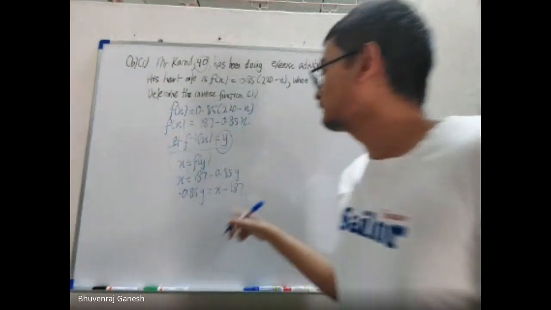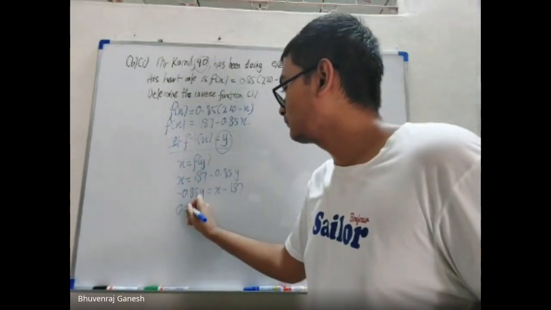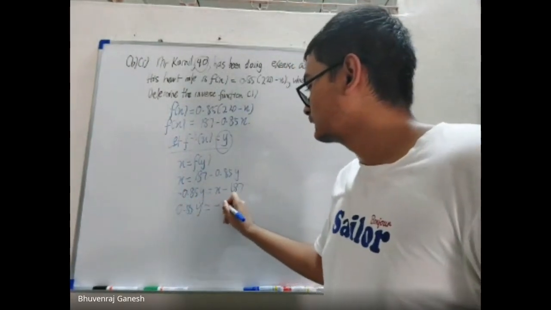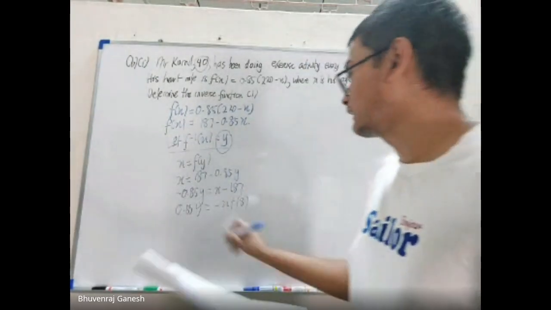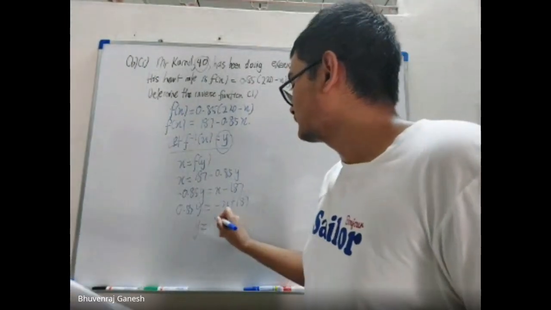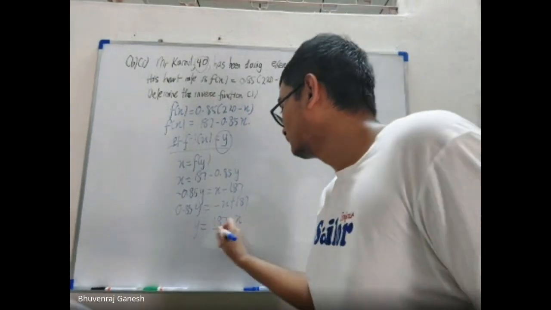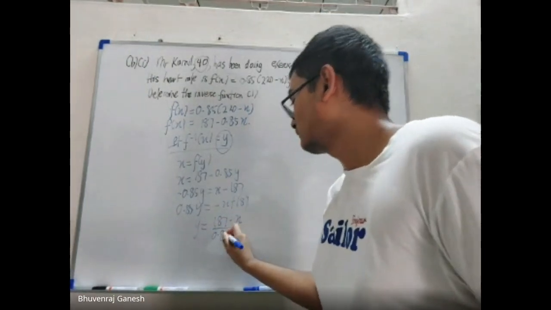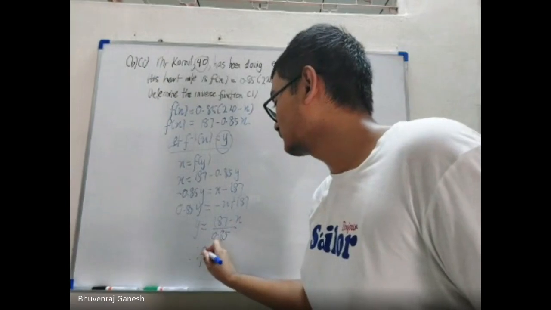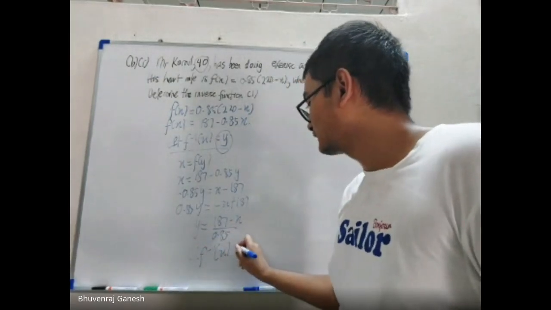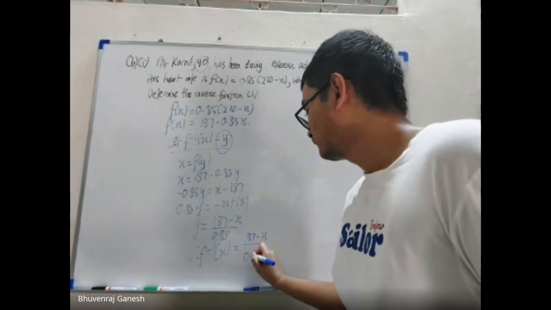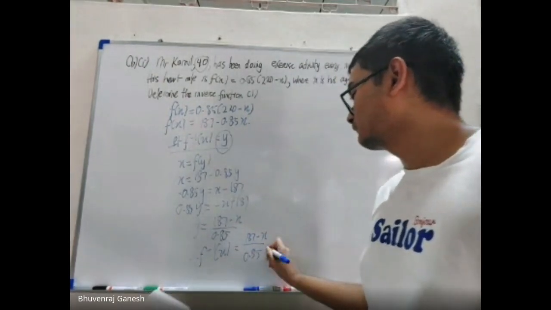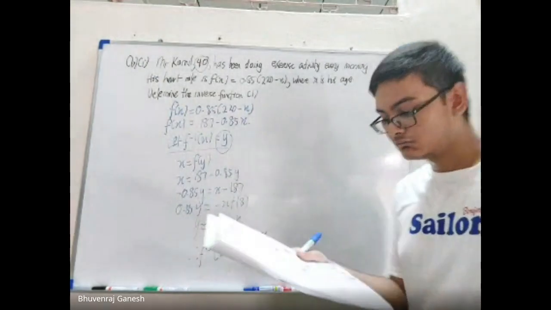So you see the negative here, you can make 0.85y is negative x plus 187. And you will get y is (187 minus x) over 0.85. So don't leave it here, always make sure you have the conclusion to show this is the inverse function. So this is your inverse function, done. So that's how you solve it.